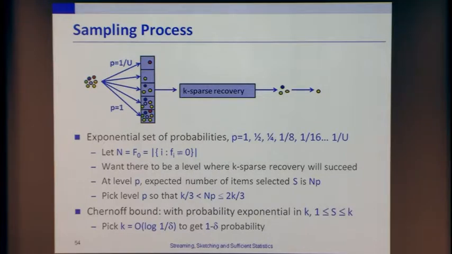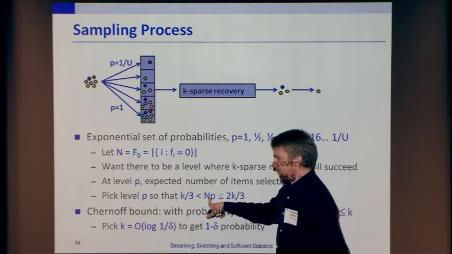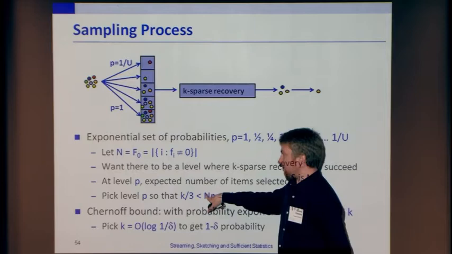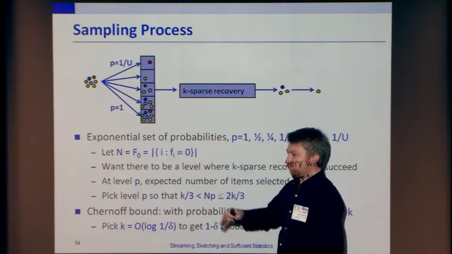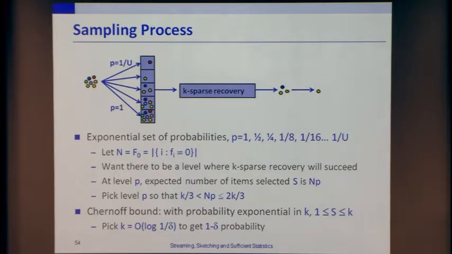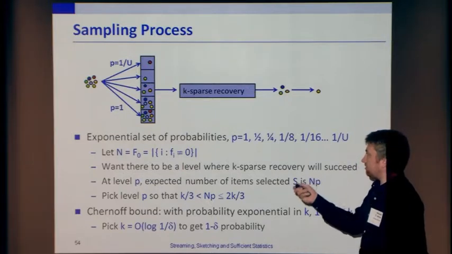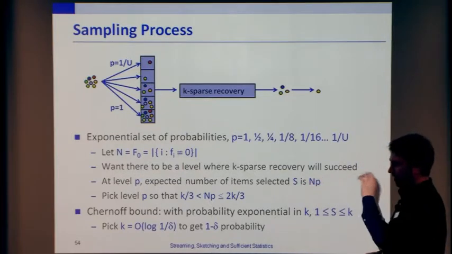Because you don't know n. So for this analysis, I'm going to pretend we do know n, because n is the number of non-zero things. So in parallel, you can do an F0 estimation to tell you what level. Again, in practice, what you can do is just be greedy, because this k-sparse recovery algorithm, I'm going to talk a little bit more about how this works.